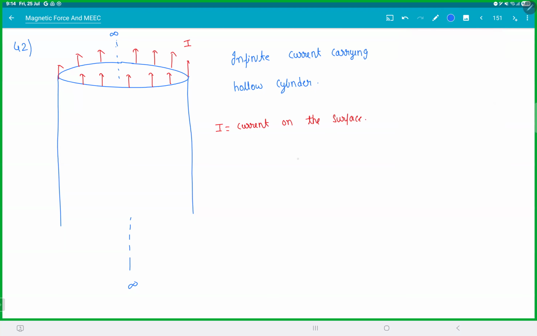If you look at the top view, this is how it looks. Current is coming out. And there is something more here. Listen. Remember, last class we studied: if you have two parallel current wires, will they attract or repel? They attract each other. So parallel current wires attract each other.